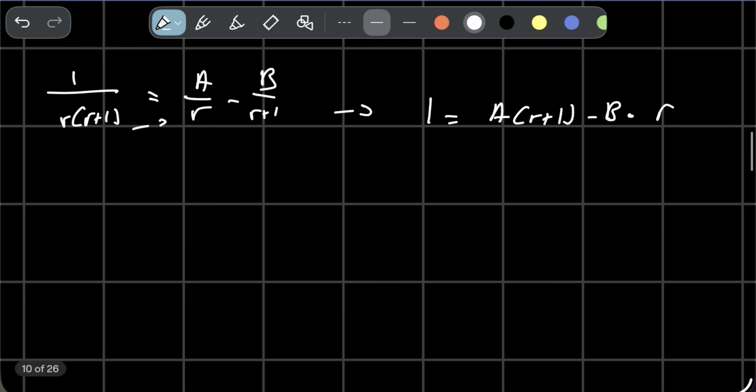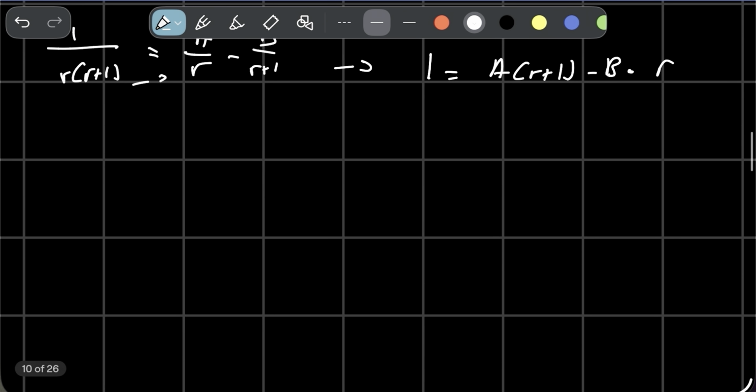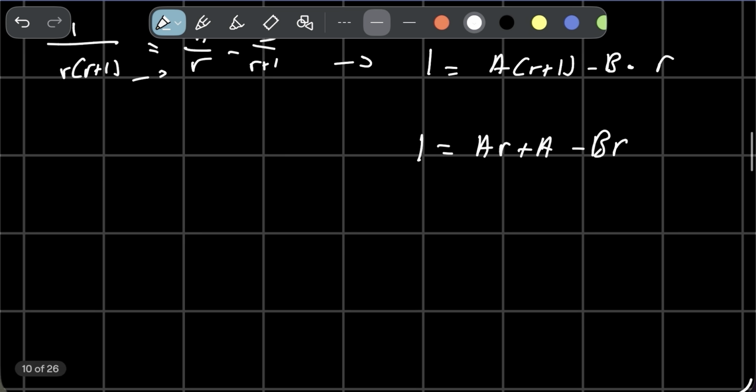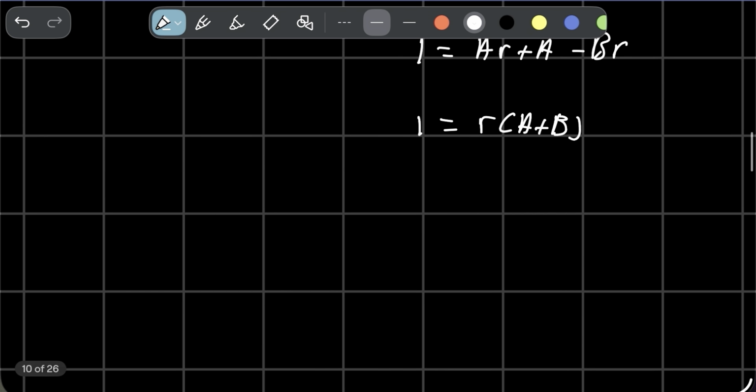Okay, and so we just expand: Ar plus A minus Br. We'll take r as a common factor: (A minus B) r plus A. This is the same A here.